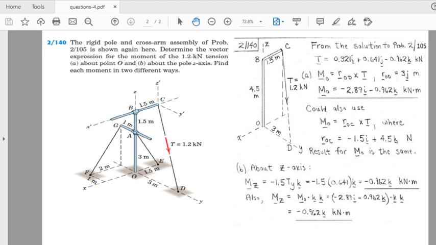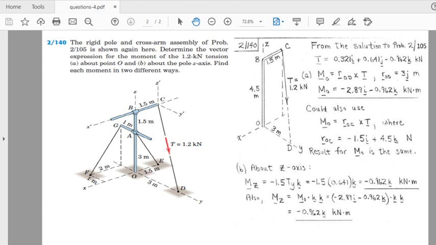So this distance of 1.5 meters is in negative X direction. As we go from point O to point C, we are moving in negative X direction through a distance of 1.5 meters, and in positive Z direction through a distance of 4.5 meters.